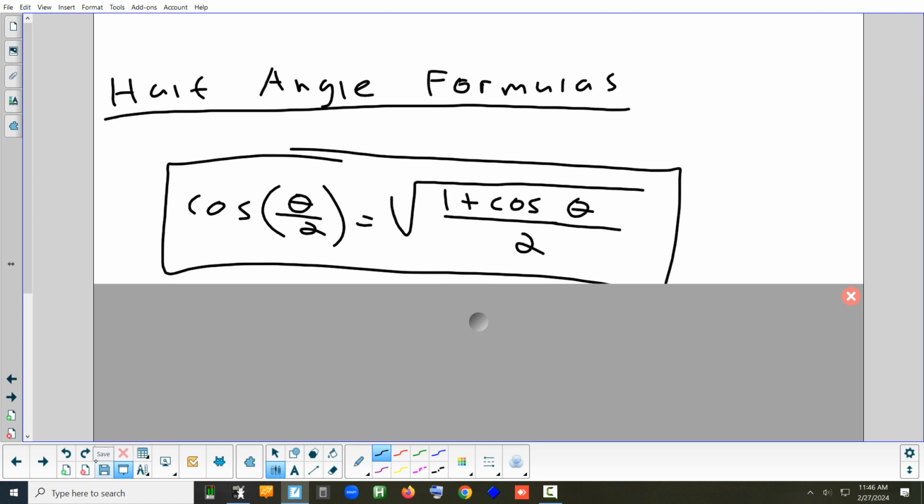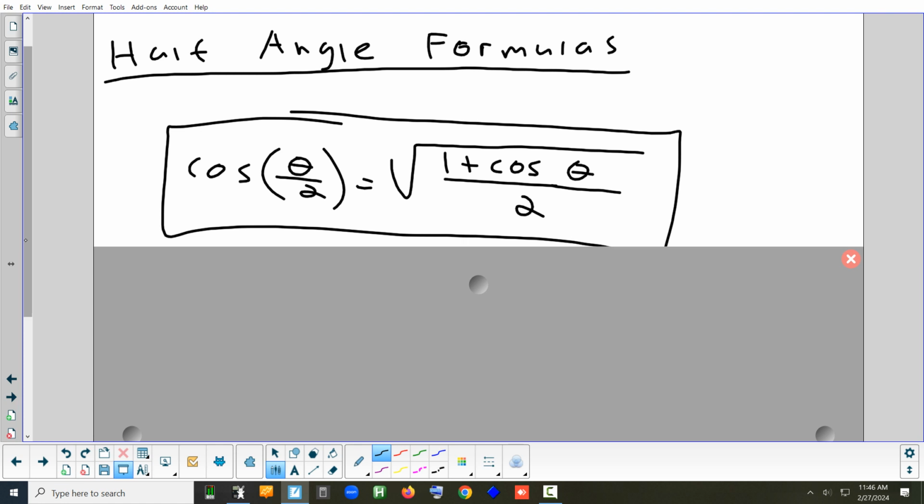These identities, if you ever needed the half angle ones, I would give them all to you. So as far as memorizing half angle formulas, I would not worry about memorizing them at all. But let's say I wanted to figure out the cosine of 15.